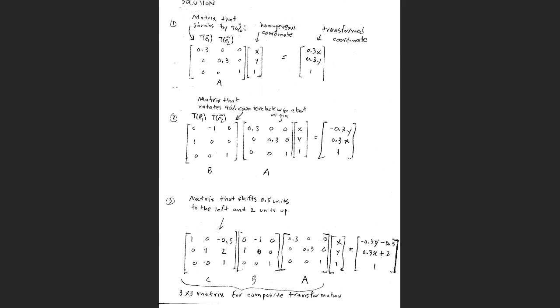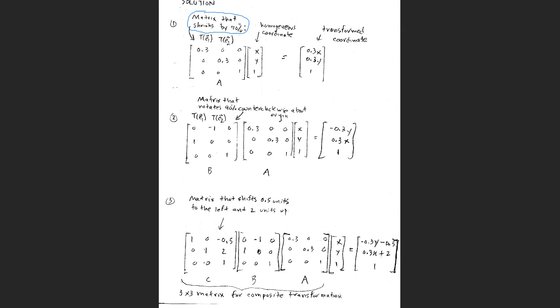All right, well, here's the solution. So first of all, we need to have a matrix that's going to shrink by 70%. And like you did shrinking back in section 1.9, you identified 2x2 matrices that would shrink objects.